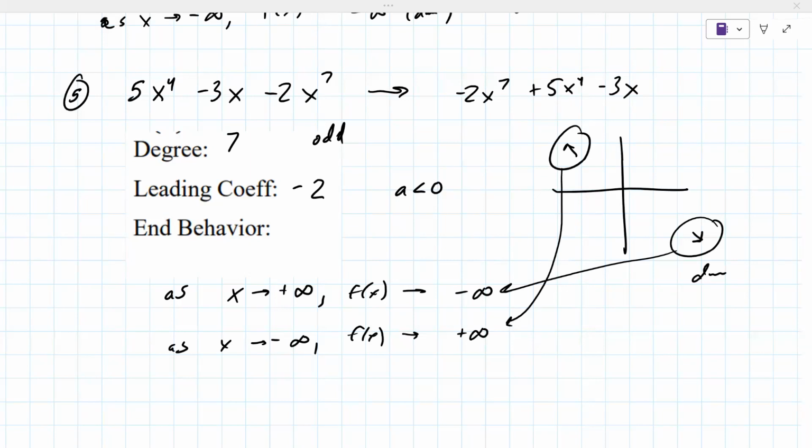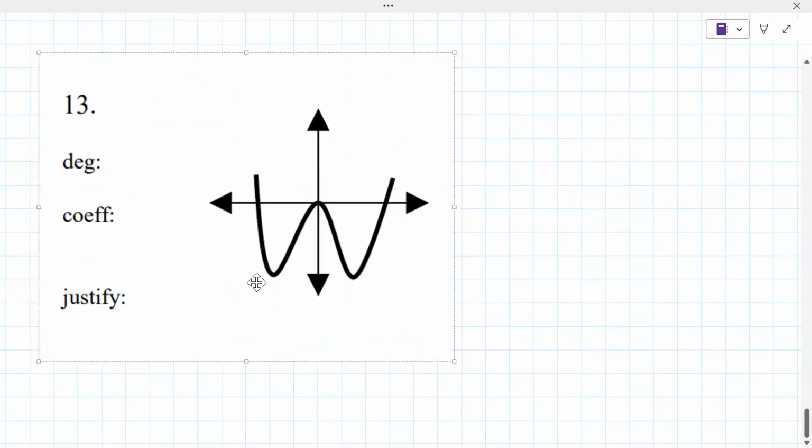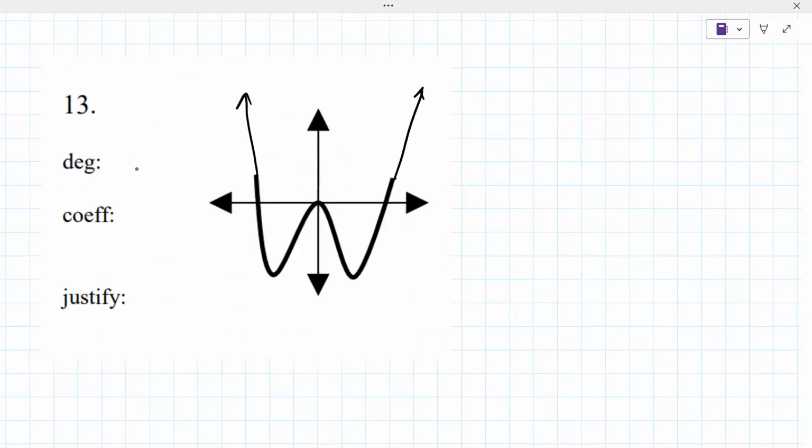So the other type of problem that you'll see is where they give you some sort of a graph. Let's do that here. For the degree, just tell me whether it's even or odd. This goes up forever and this goes up forever.